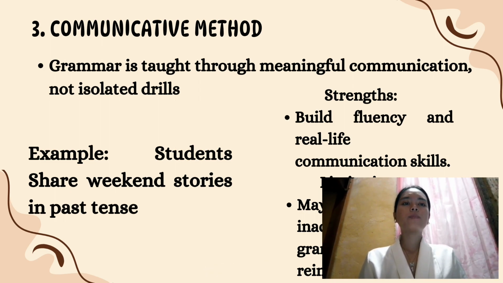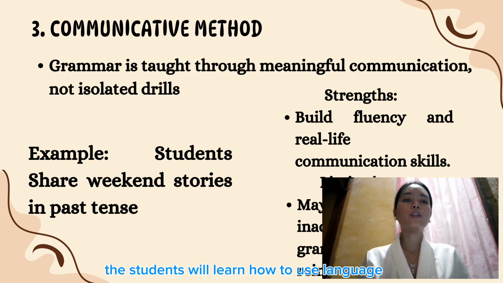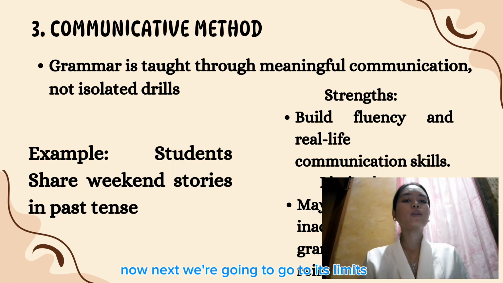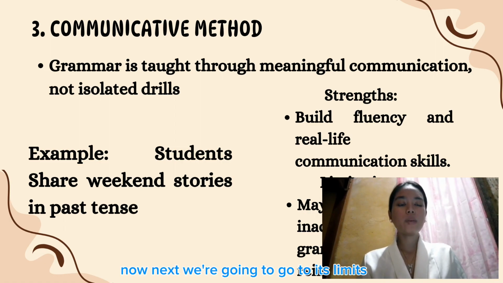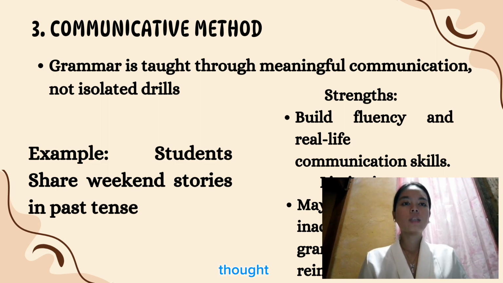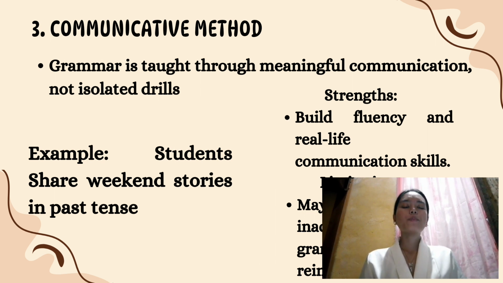Next is skills. The students will learn how to use language in practical situations or having conversations. Now next we're going to go to its limits. If grammar is not taught clearly, then the students might make grammatical errors.